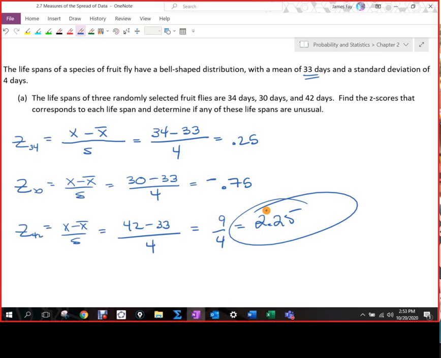Okay. And how would we determine, are they unusual compared to the world population, or are they unusual compared to maybe their same background or same ethnicity or same culture? How do we determine that? We could use z-scores to make that argument. Okay, so z-scores allow us to compare data values from two different populations.